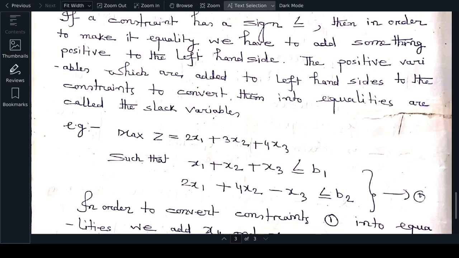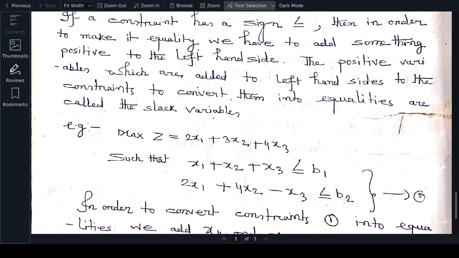Say we add the variable s1, then equal to 2. Means what? Suppose 2 less than or equal to 4. Okay. So when we make it equality, 4 equal to 4. So 2 less than or equal to 4. So in the left hand side, how much value do we require?